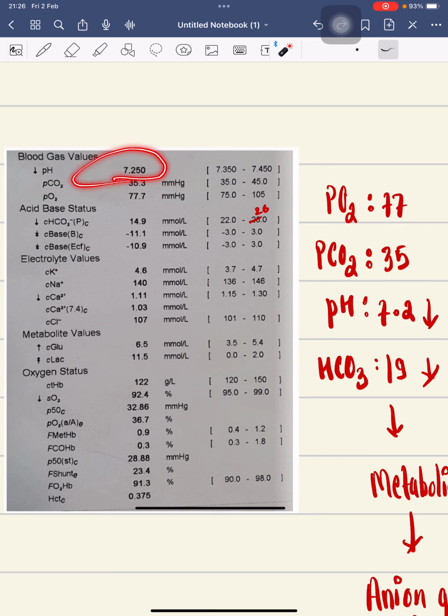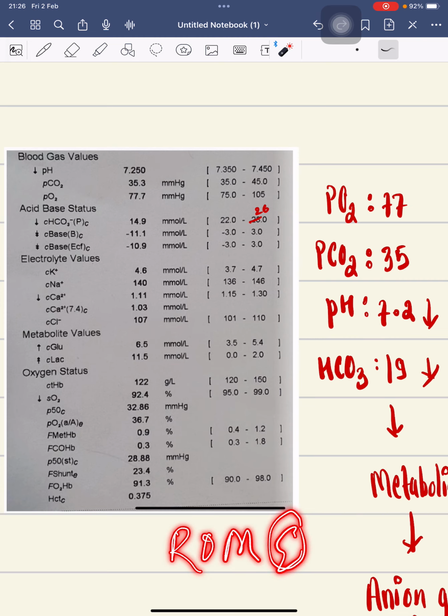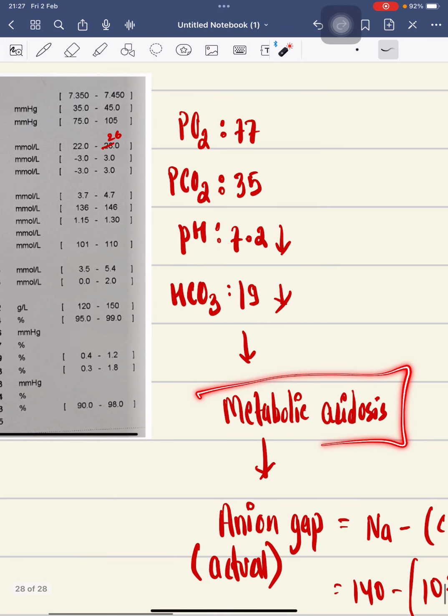It's 7.25. It is reduced. Normal is 7.35 to 7.45, and HCO3 is 19. Normal is 22 to 26. It is also decreased. If pH drops and HCO3 also drops, according to our formula, metabolic is on the same side. So most probably it is metabolic acidosis.